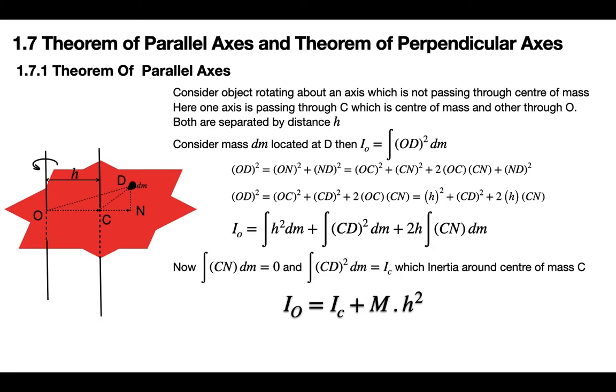You know the moment of inertia of a ring is mr square. Then you just have to add one more mr square, so mr square will become 2mr square. So that's how this theorem is very helpful in calculating the moment of inertia about any other axis.